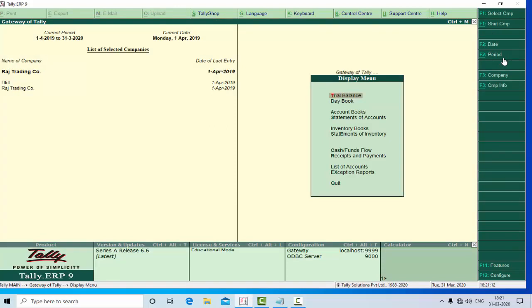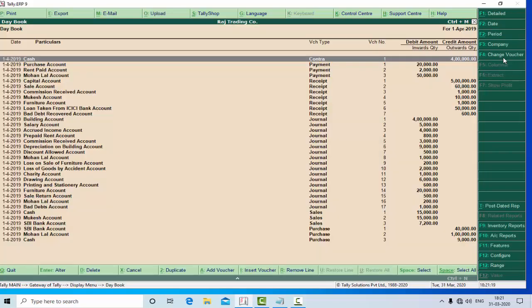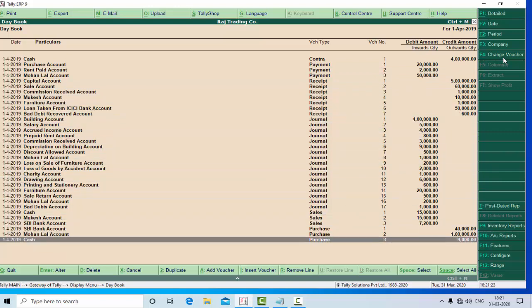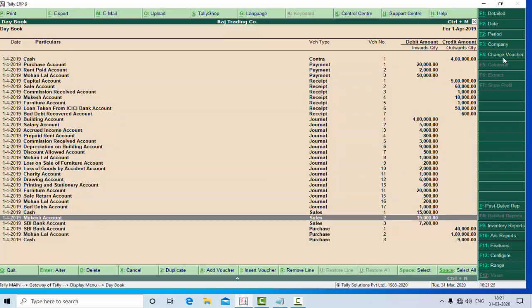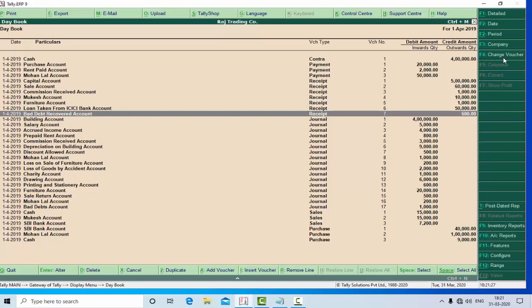And then, if you want to see all the transactions which are entered by you, you can see them in the day book. So all the transactions, receipt transaction, payment transaction, journal voucher transaction, all the transactions which are entered by you, you can see in this day book.